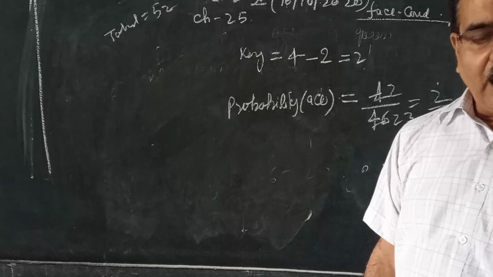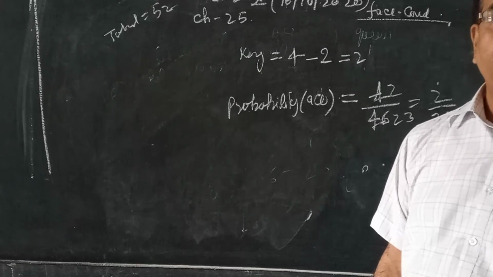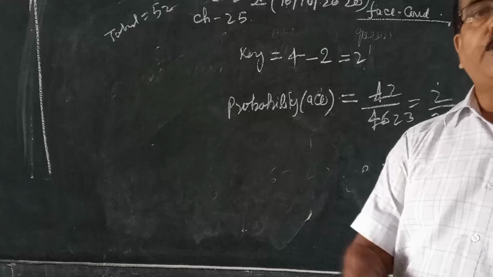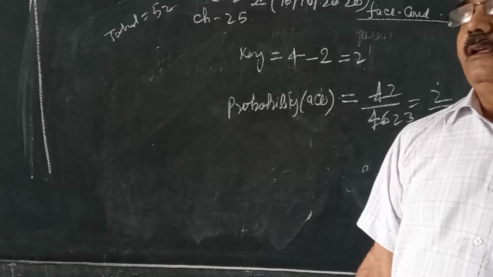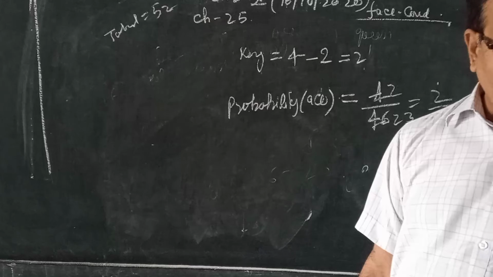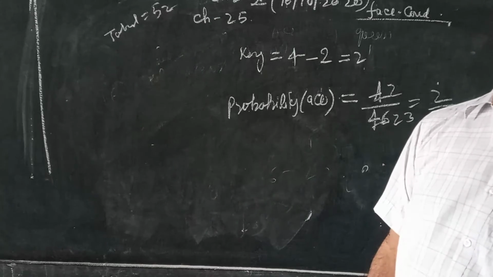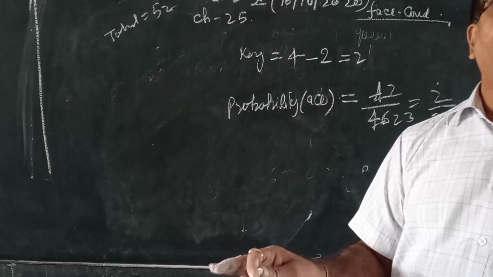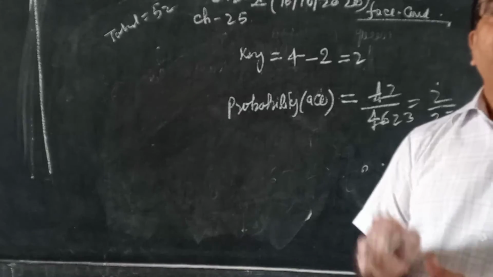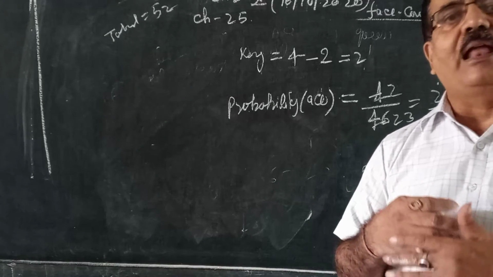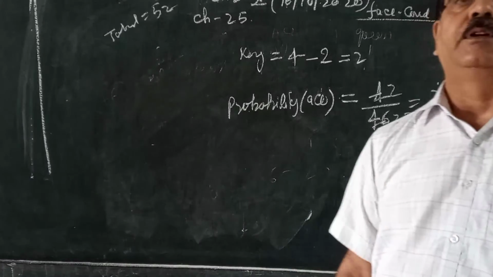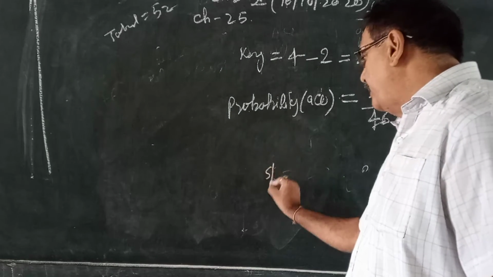Next, a spade card. The total spade cards are 13. A spade is black, so out of 13, 3 of the black face cards are removed.